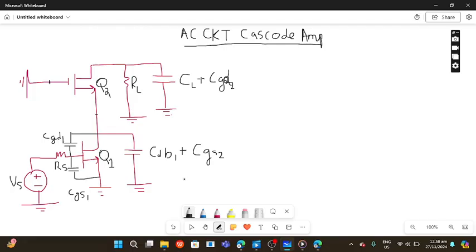Now we have to make its model. According to my assumption, for this we will use the T model, and for this we will use the pi model. For MOSFET Q1 we will use pi, for Q2 we will use the T model.